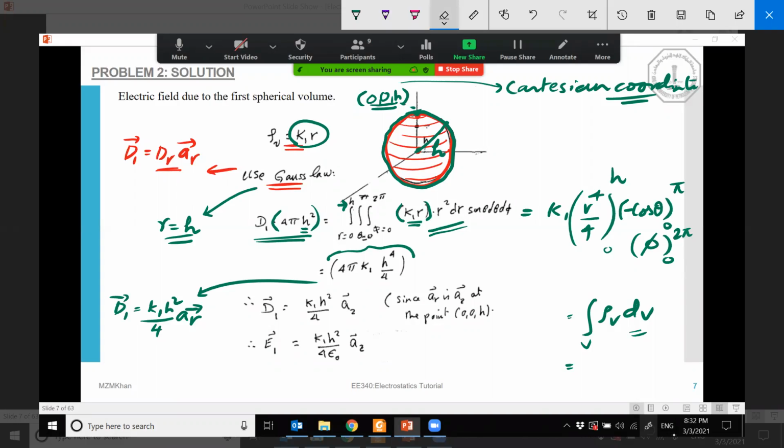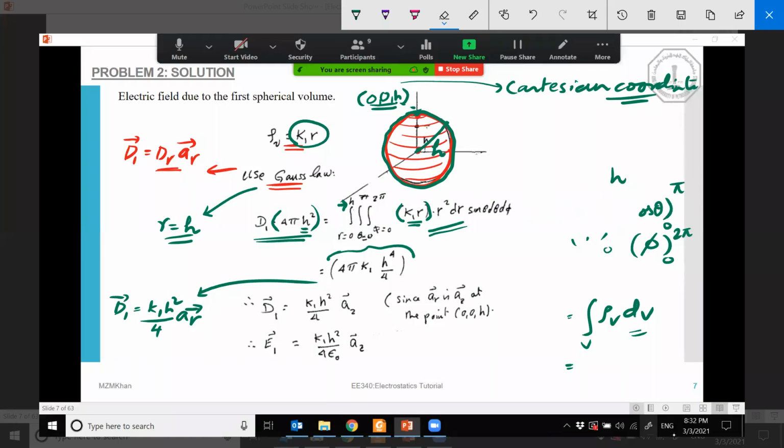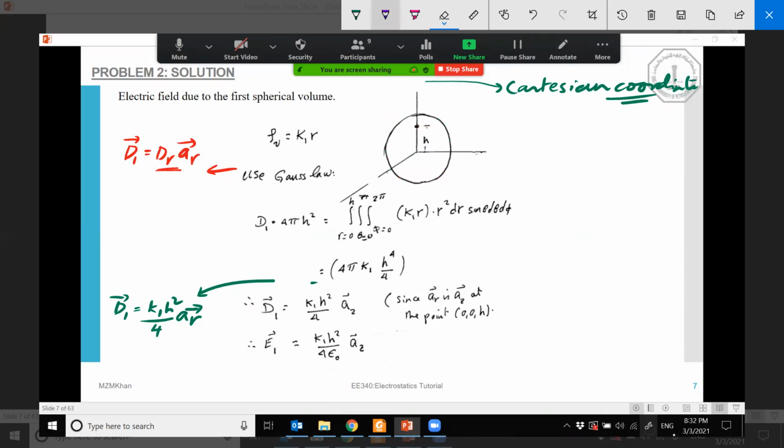Can anybody tell me? Without even going to the transformation of the unit vectors, we can straight away say. So let me just do it again.